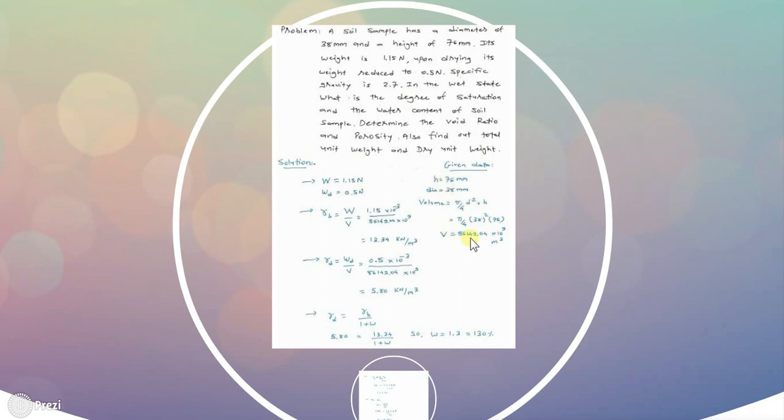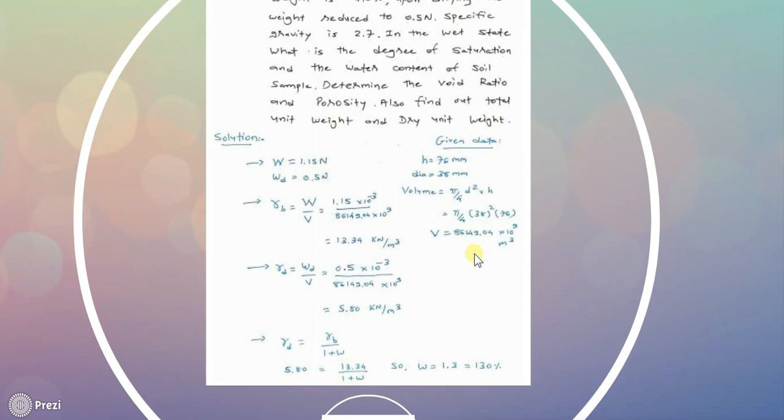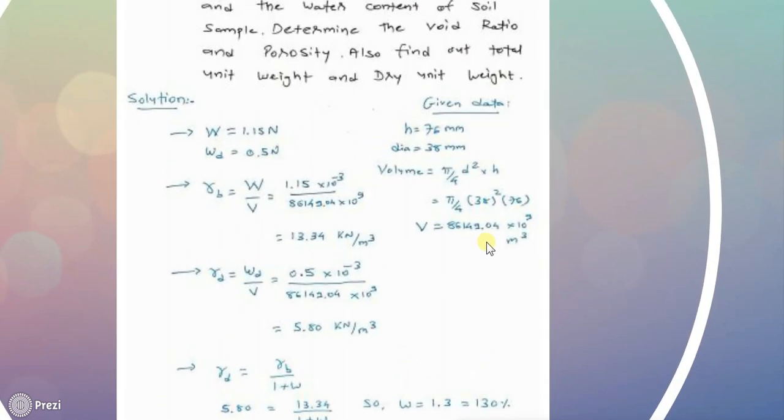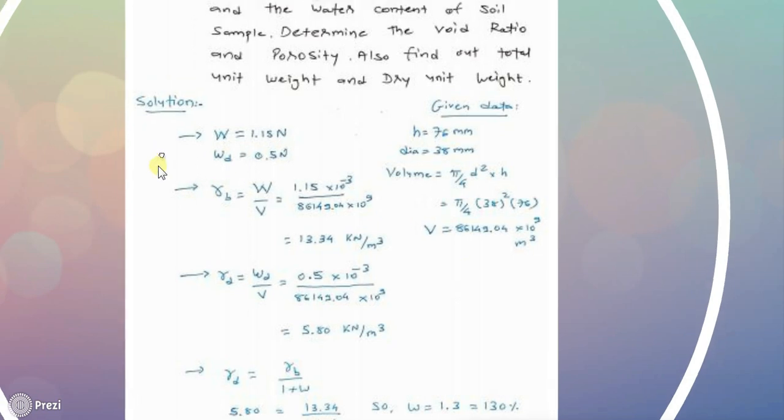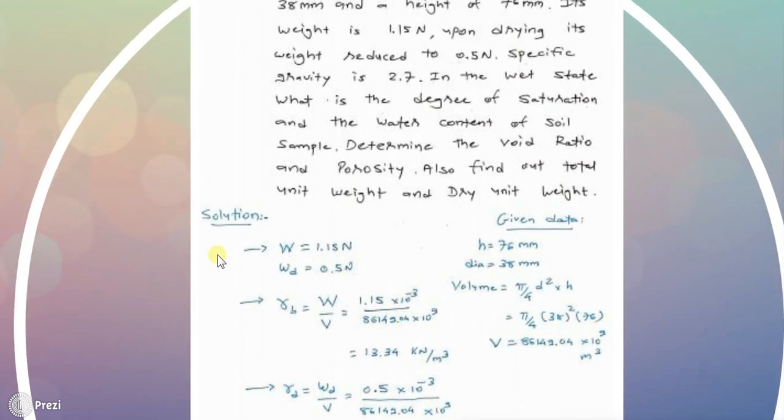So the volume found out will be 86149.04 into 10 raised to minus 9 meter cube. I have converted it into meter cube so that unit weight and other units will be uniform throughout the problem. Now let us go solve the problem.